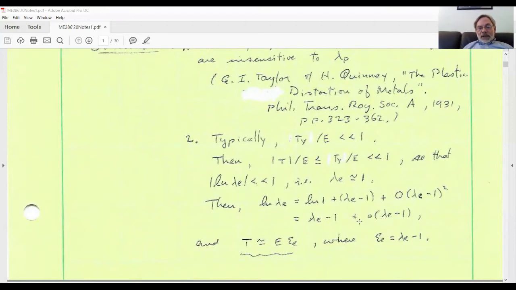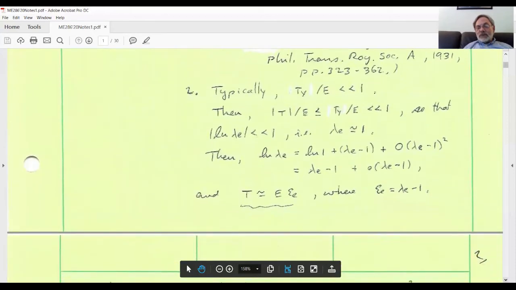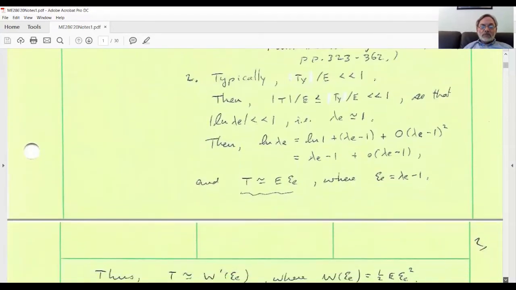So for lambda_e close to 1, we have an approximate stress elastic strain relationship given here, where we define this to be, according to our definition of epsilon here, the elastic strain, lambda_e minus 1. So again, the stress vanishes when lambda_e equals 1.